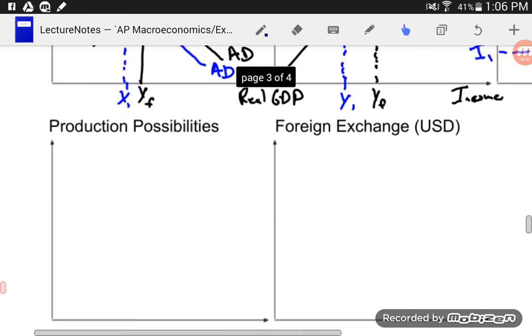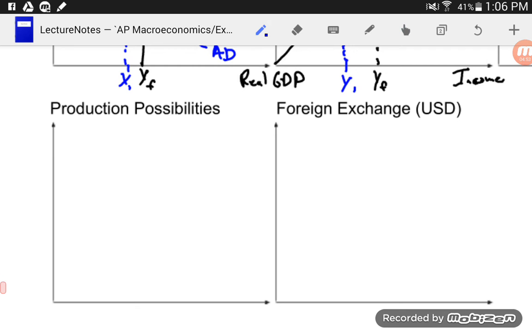What happened in our production possibilities frontier? Normally, when you draw a production possibilities frontier, it's got to be two different goods. If we want to do the entirety of all our goods, we could say all capital goods and consumer goods, consumption goods.